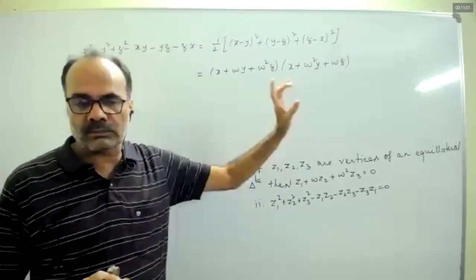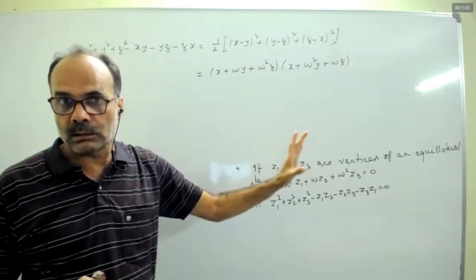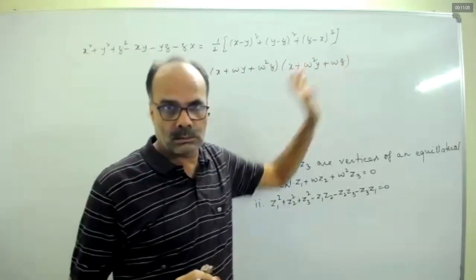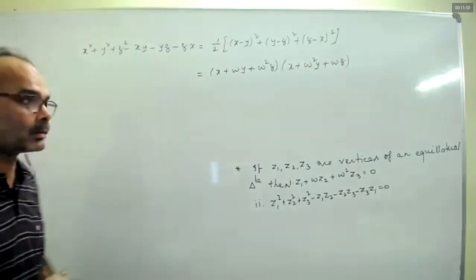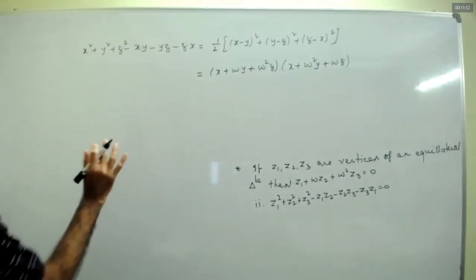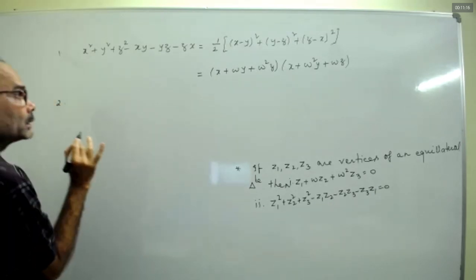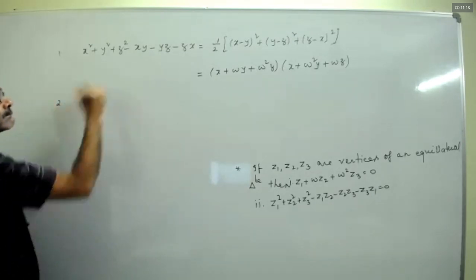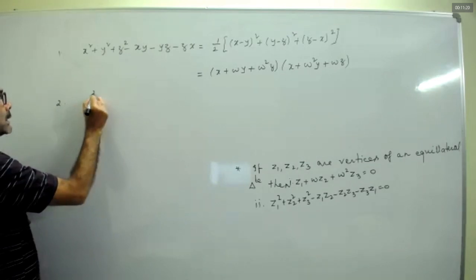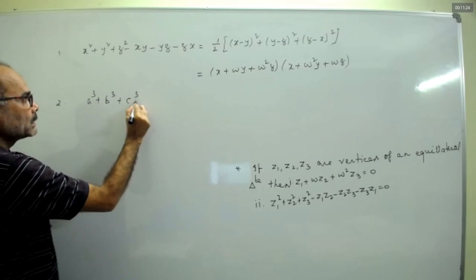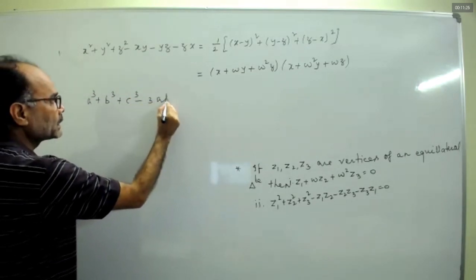If x, y, z are complex numbers that are vertices of an equilateral triangle, then this will be 0. Now related to that, I told you already a cube plus b cube plus c cube. These results will be used again and again.